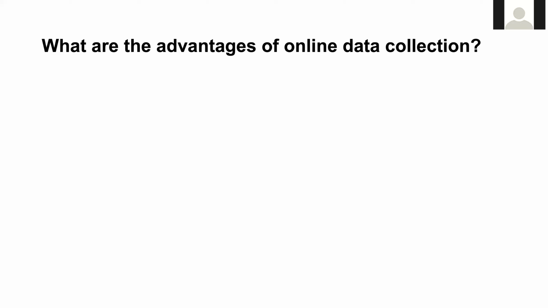Well, there are several advantages to collecting data online. The first advantage is that it's efficient. In the lab, it might take us a semester, or two semesters, to actually collect data that we can then analyze and publish. When we collect data online, we can collect all the data that we need in a couple hours, a couple days, or a couple weeks.